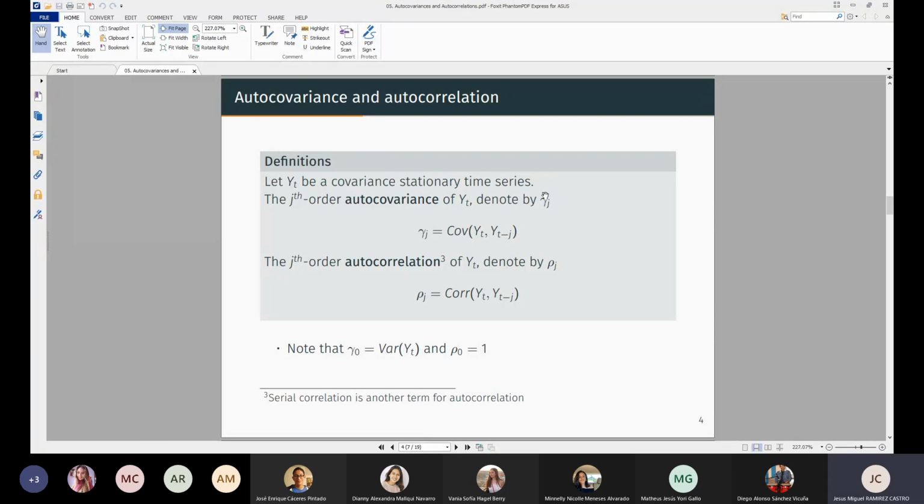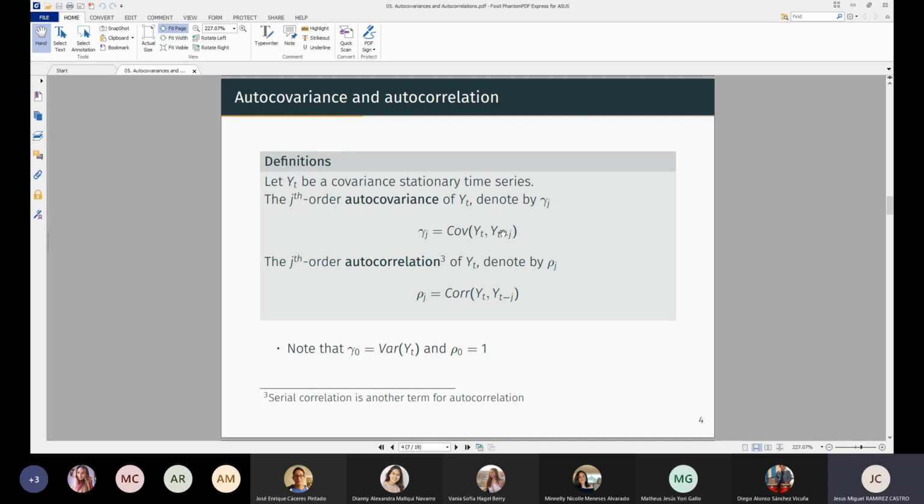Since the autocovariance is the covariance between Yt and Yt minus J, then the variance is just gamma 0, okay? Because the definition of variance is the covariance between Yt and Yt.